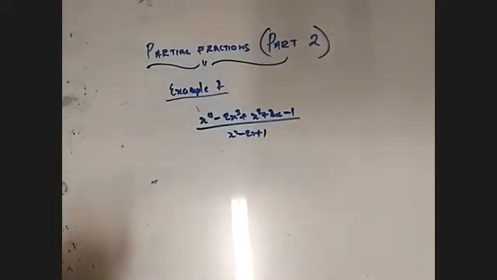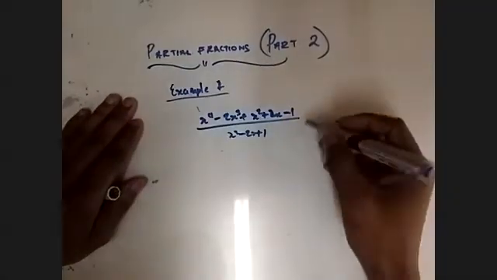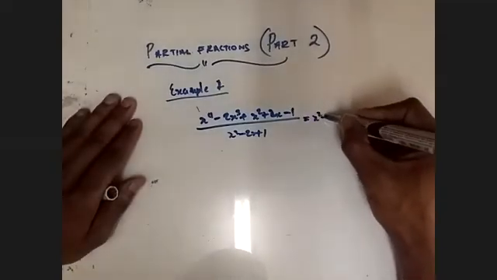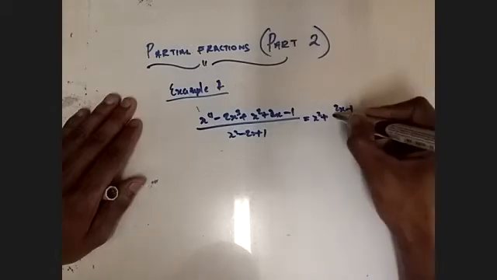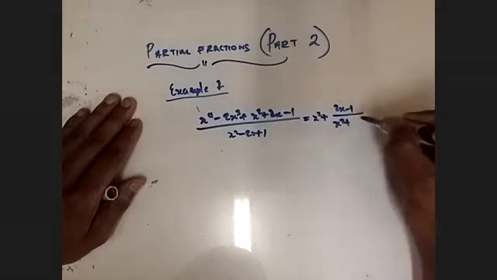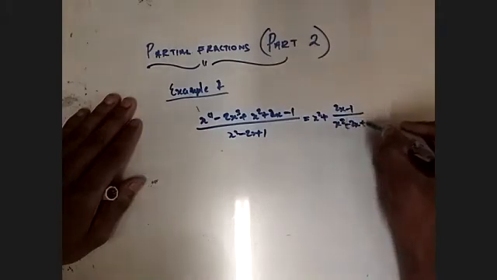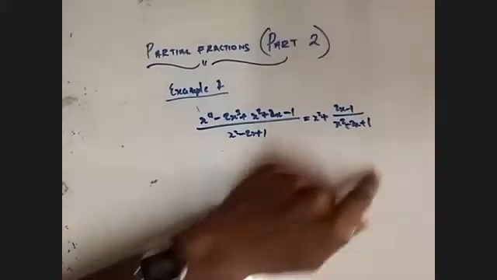I said to you, we can rewrite this as x squared plus 2x minus 1 all over x squared minus 2x plus 1. You remember we rewrote this.